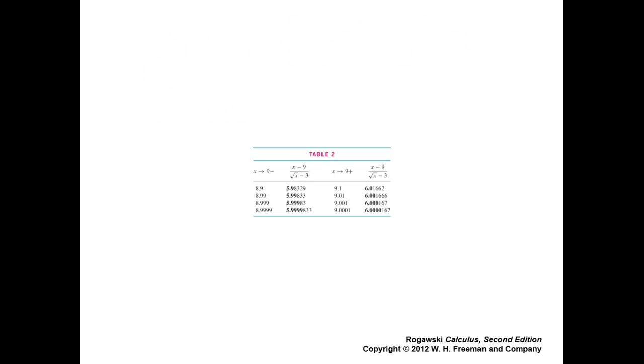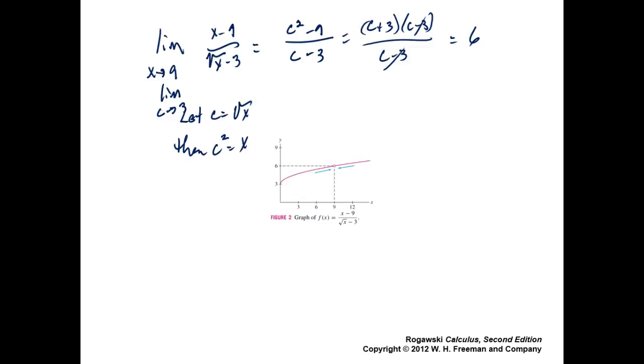Here they investigated it numerically. If it's doable. Sometimes it won't be.